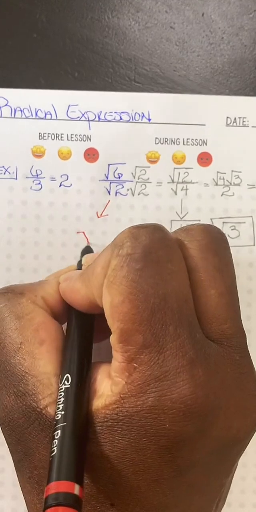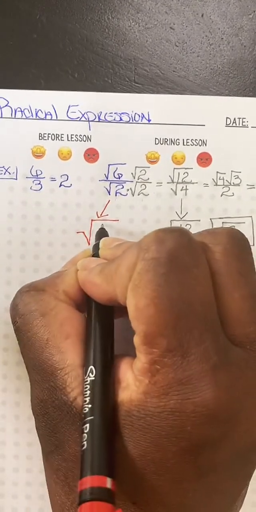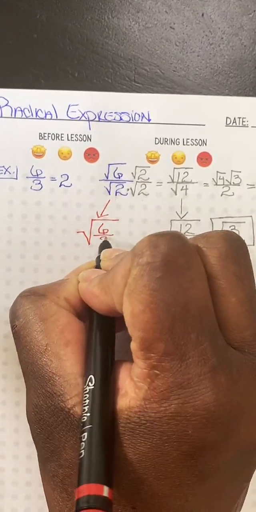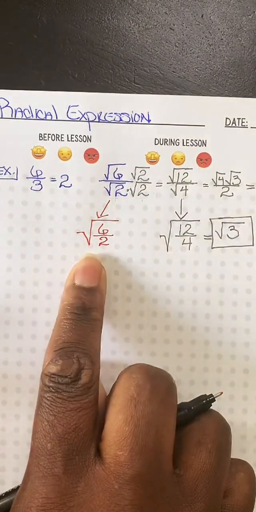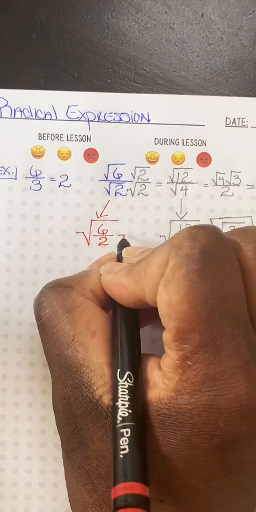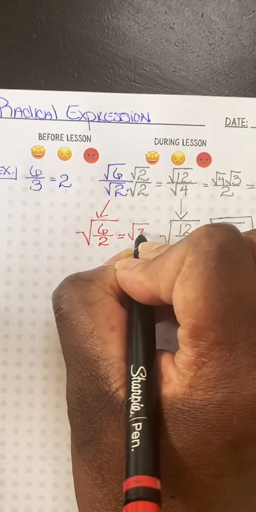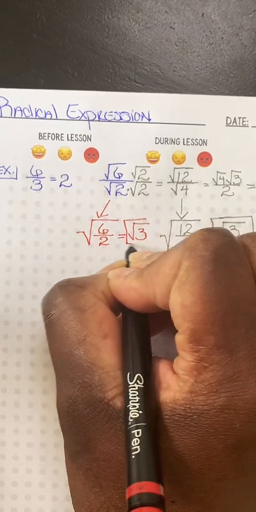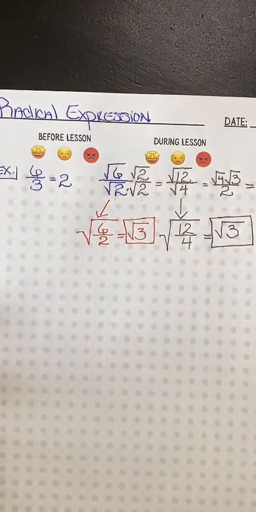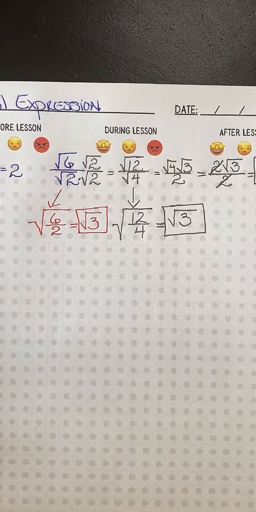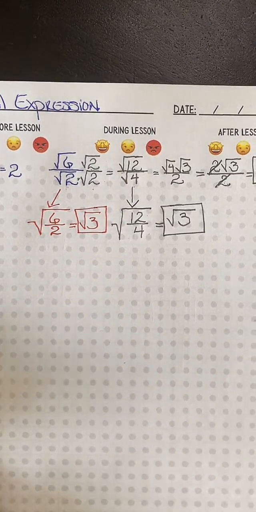Why couldn't we just put the 6 over 2 under 1 square root and then get our square root of 3? You can do it that way as well. So isn't math fun?